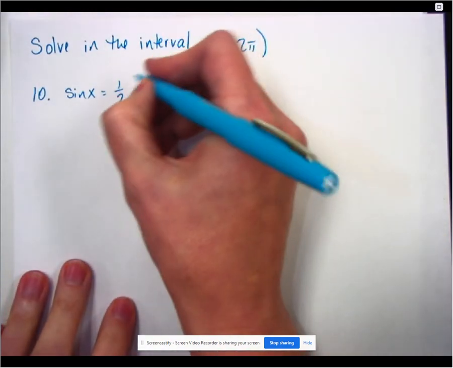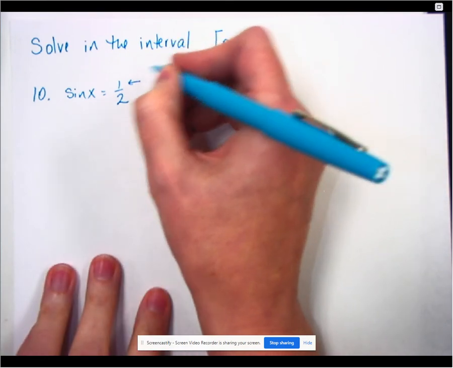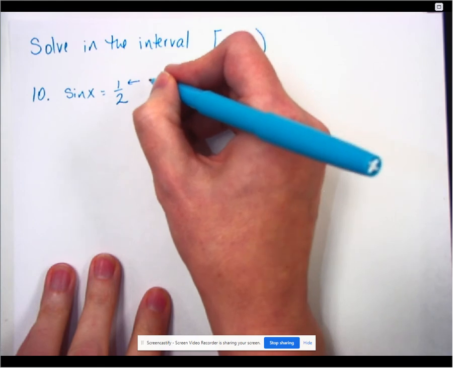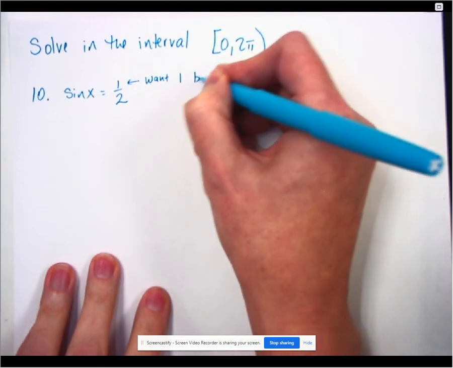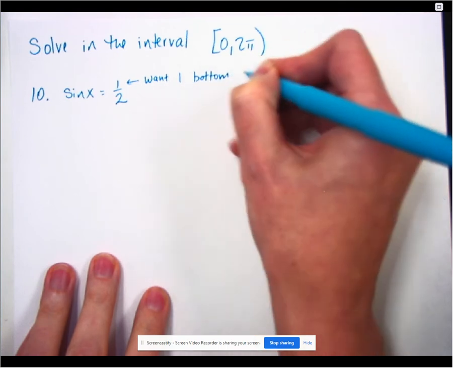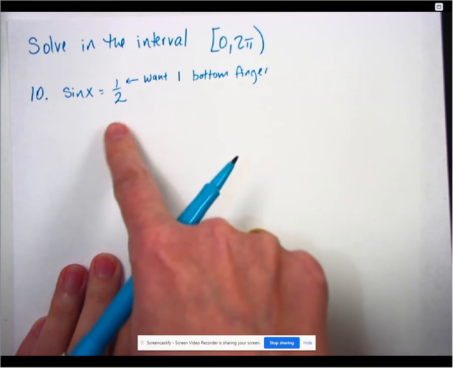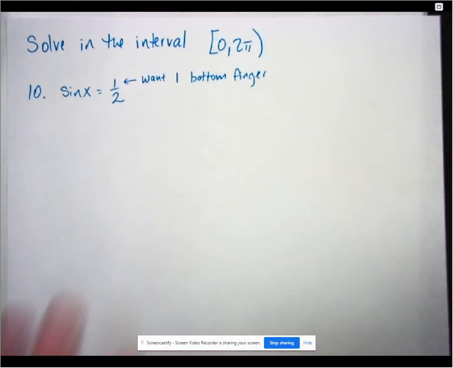So if we take the sine and we get 1/2, that means we want 1 bottom finger, because the square root of 1 is 1. Now the denominator is 2, because every time you use the hand trick to do sine, that denominator is 2.